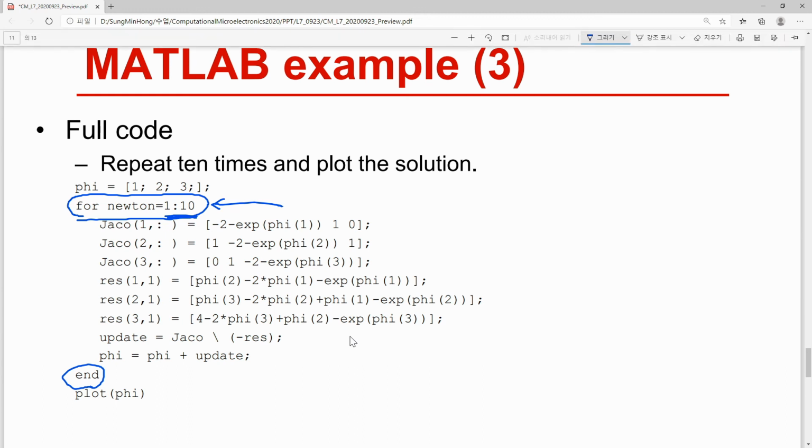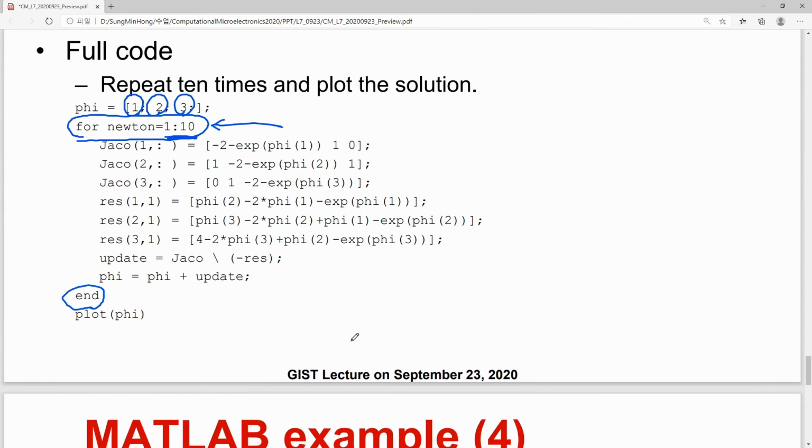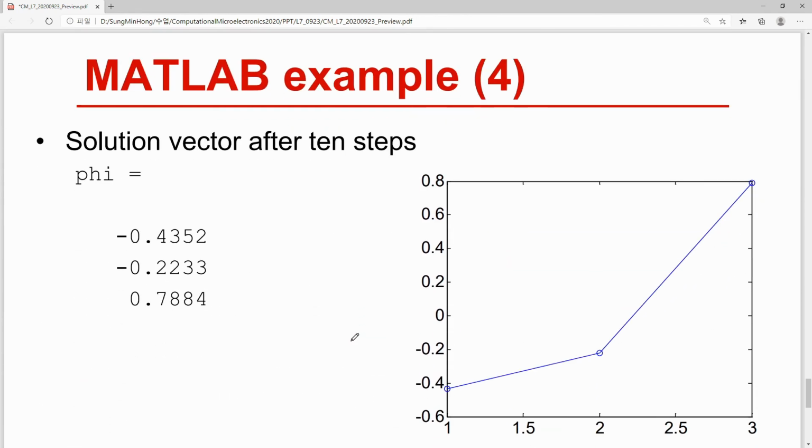Well, our initial guess was 1, 2, 3. Please remember it. And after running this example, you will find this number. So 1, 2, 3 was our initial guess, and we get this real solution.